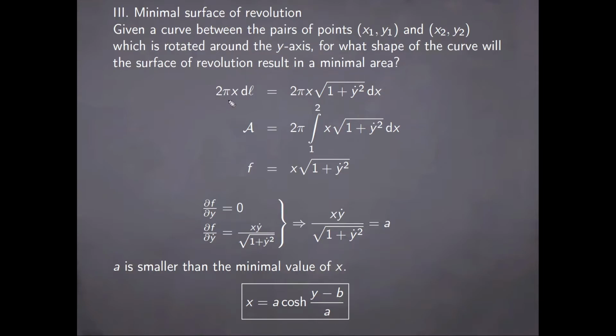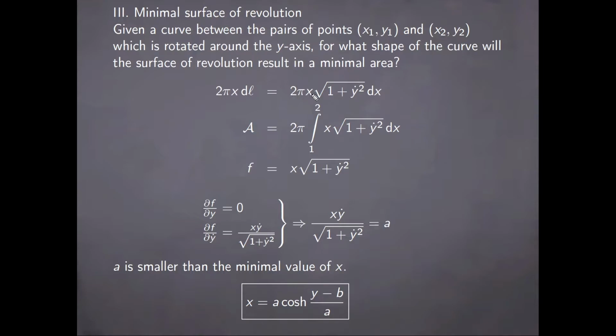First of all, a strip of the area is given by the length x times the Euclidean length element, dl, and this needs to be rotated around the y-axis, so it gets multiplied with 2 pi. And since we know the expression of dl, this is simply the expression written here.